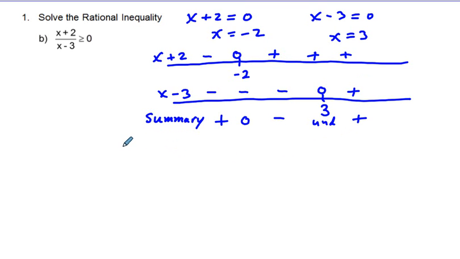The inequality is x plus 2 over x minus 3 is greater than or equal to 0. We just look where we see a positive sign, which is greater than 0, on negative infinity up to the x value of -2.